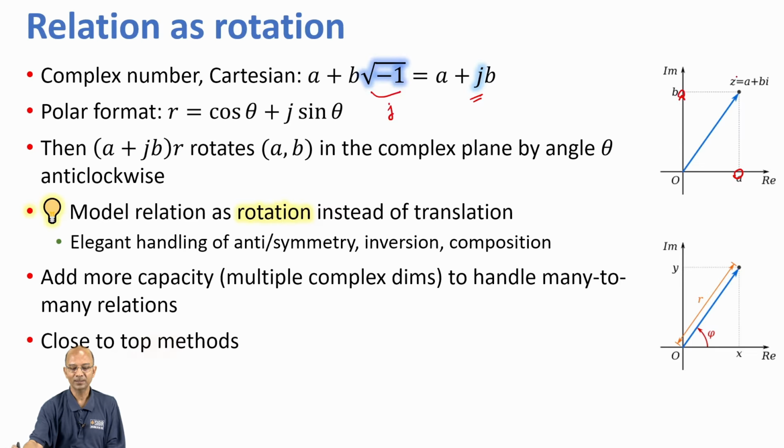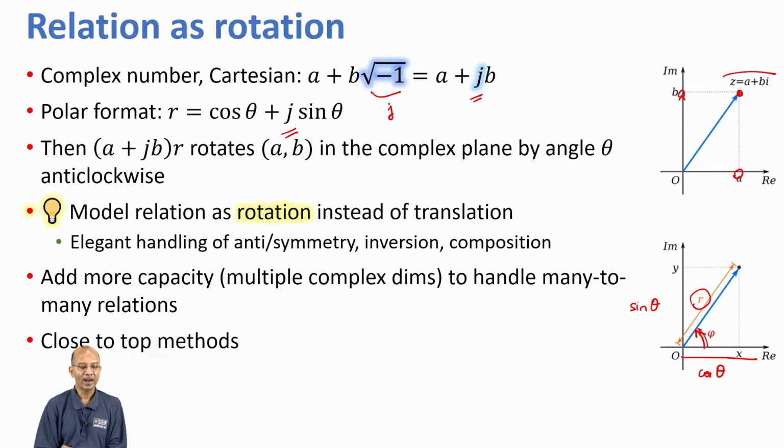And the overall vector z, which will be a plus bj, will represent this point. We also know that complex numbers can be represented as polar coordinates. So if the length of the vector is r and its angle from the real axis is theta, we can write it as cos theta on the real axis and sine theta multiplied by j on the imaginary axis.